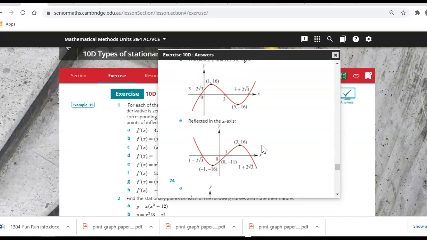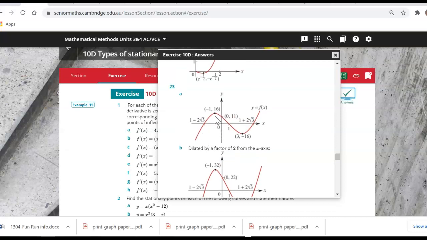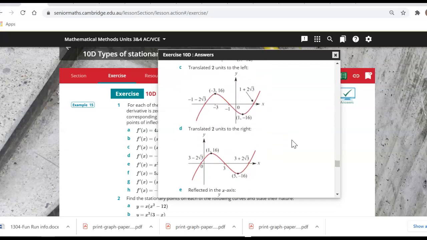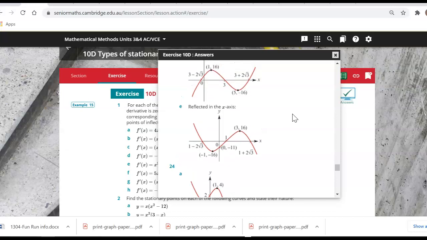So when you have a reflection in the x-axis, if you go back to the original one, we've got (-1, 16). Your x coordinate stays the same, but your y coordinate is now negative. So you can see there how the values have changed.